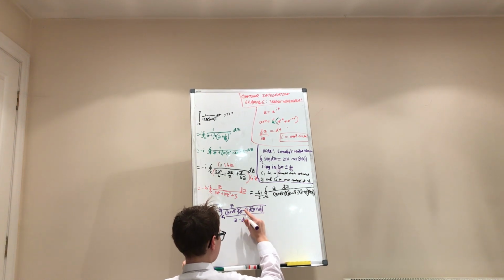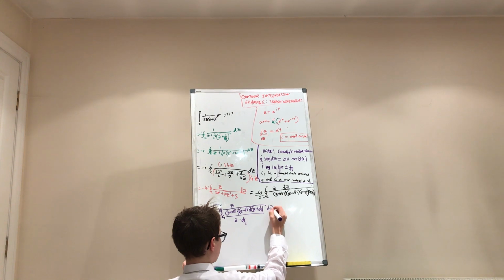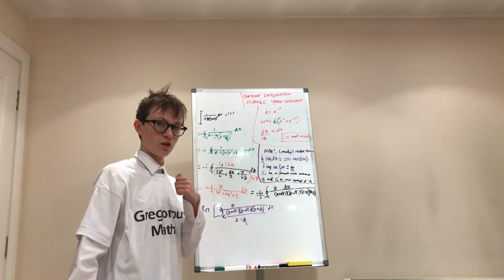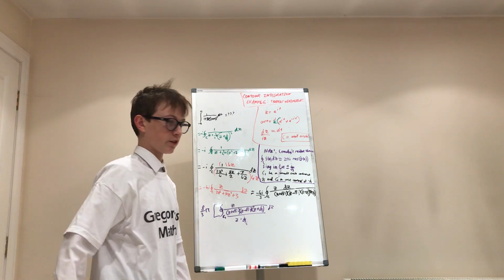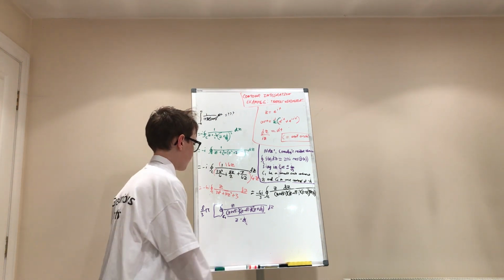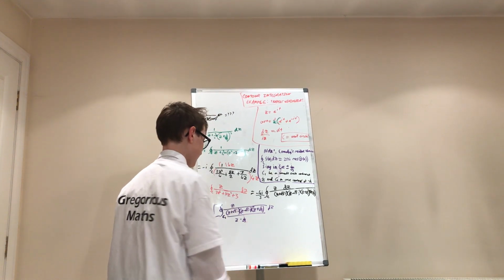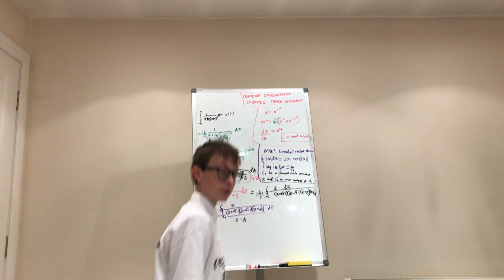No brackets needed. And dz. Finally I have enough space after all those shots I did yesterday. The shots I did yesterday were pretty rubbish there. Okay, anyway, moving on.